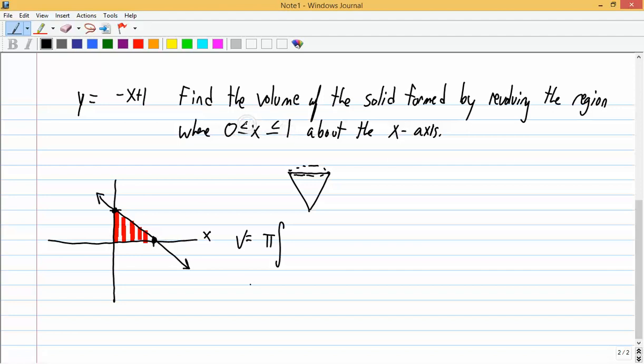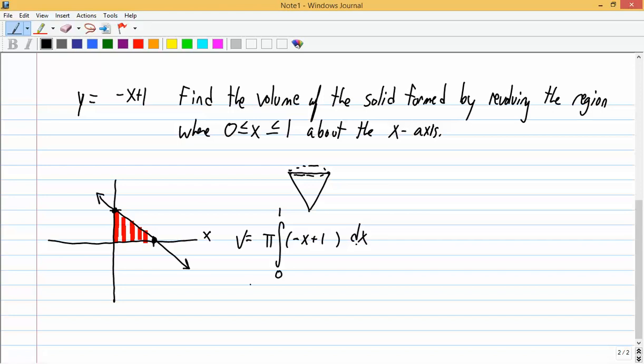It told us x is greater than or equal to 0, less than or equal to 1. So it'll be the integral from 0 to 1. Now the function. We want the function in the form y equals, which we already have. So negative x plus 1, dx.